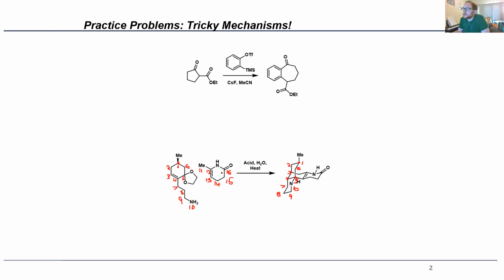And so the carbon of the amide in this product is likely not going to change also over the course of this reaction. And so it's likely as well that this 16 with the amide is also 16 in the product.